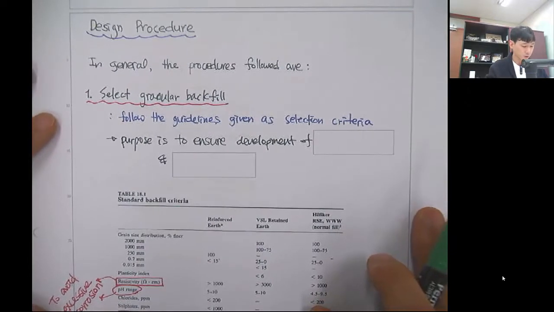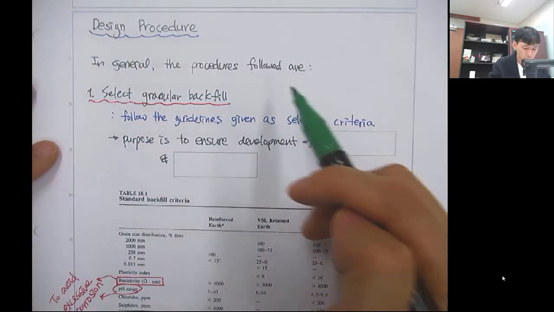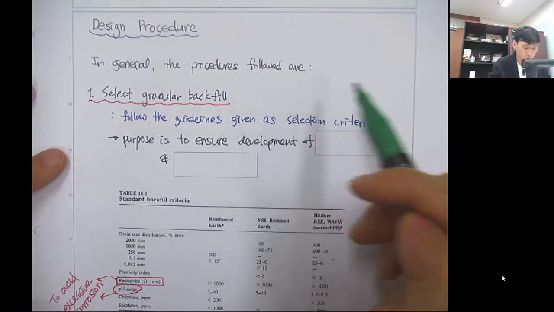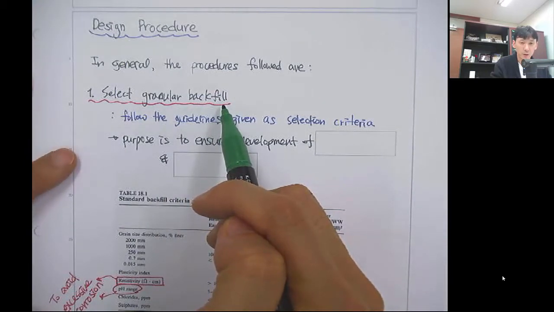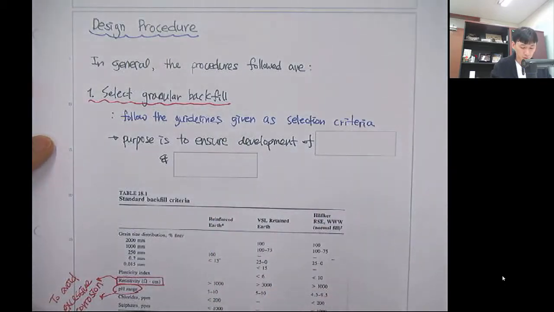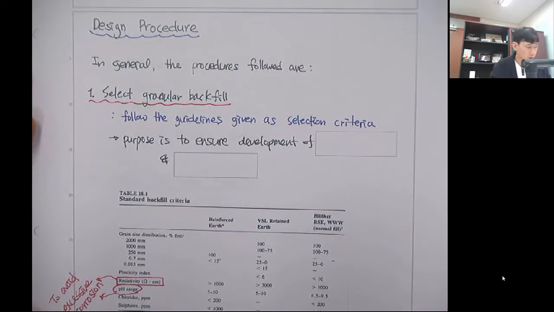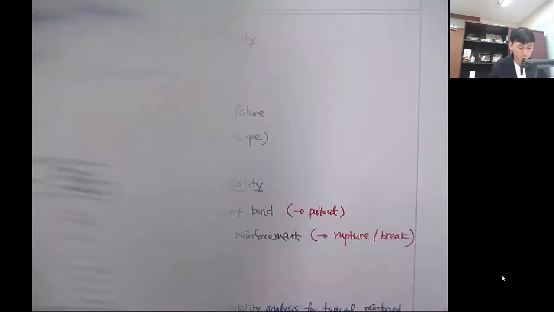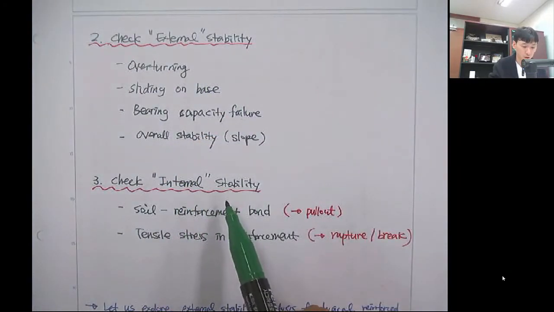Okay, next up is the design procedure. In general, the procedure is as follows. First, you select the granular backfill, and for the selected granular backfill, you find some properties of this backfill material, and using that you can check the external stability and the internal stability.